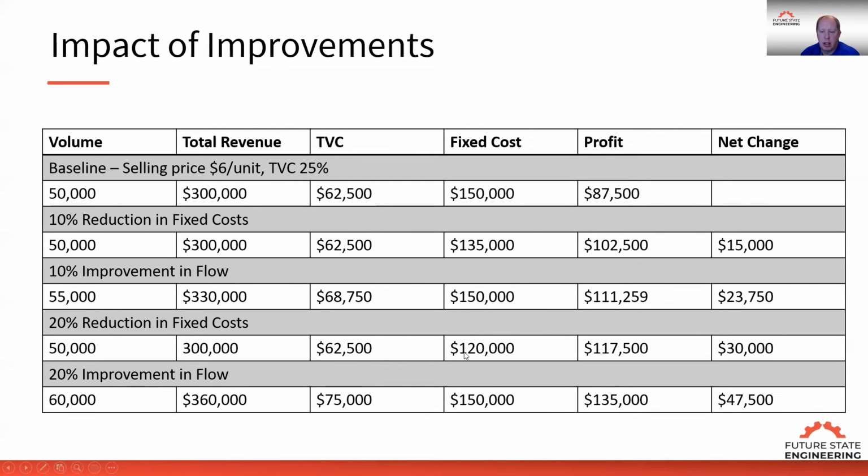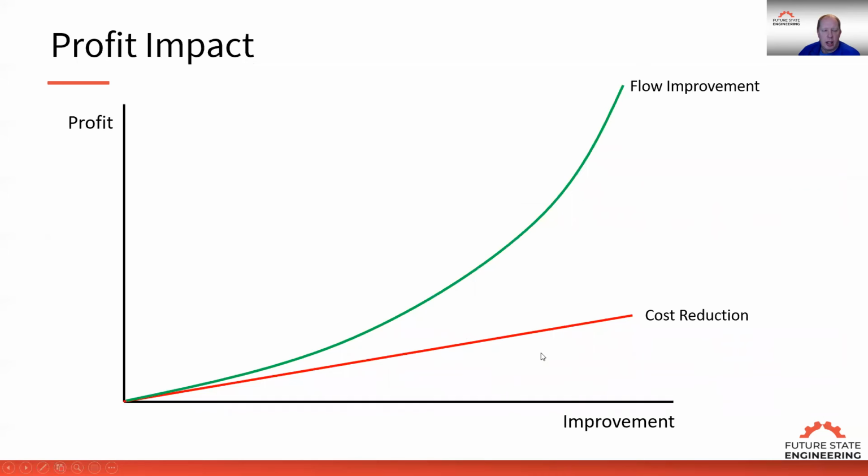So what does that mean? So if I look at the impact on profit on improvements, if I look at cost reduction, this line, as I get percentage of improvement, has a linear effect on profit. If we look at improvement from a flow perspective, the flow has an exponential improvement on profit. So the leverage is improving flow, not reducing cost. And also, when we look at cost reduction, the greater the percentage of cost reduction, the more difficult it is to achieve that.